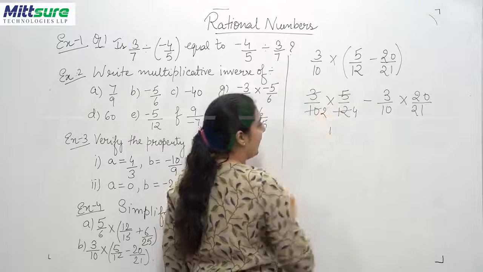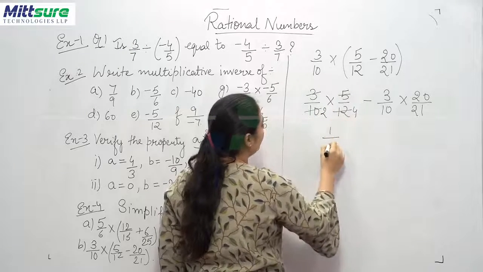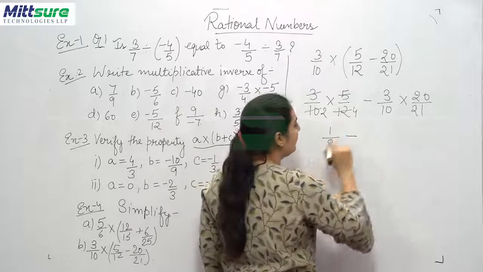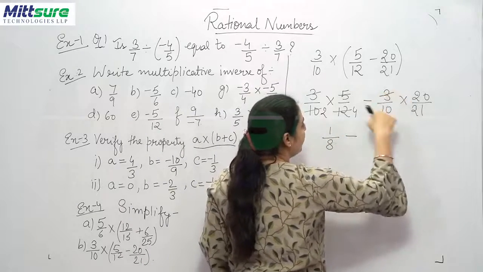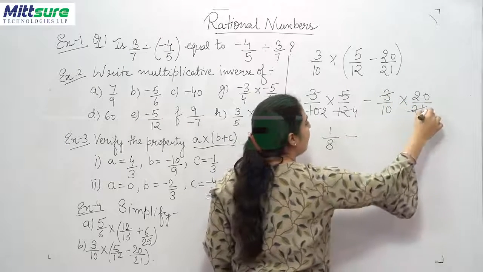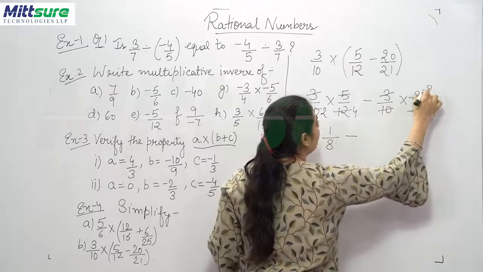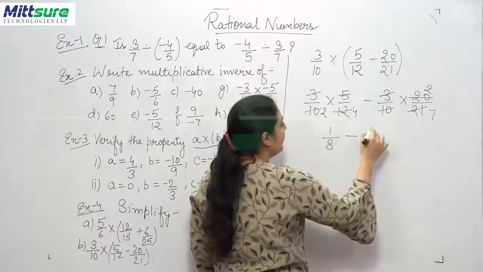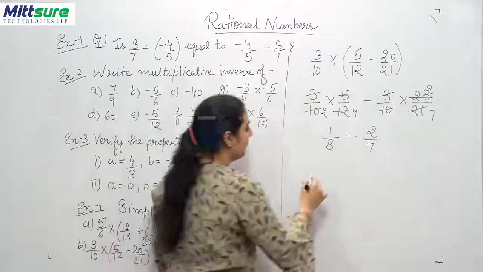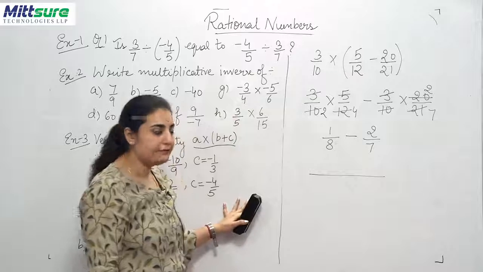So in the numerator I am left with 1, and in the denominator 2 multiplied by 4 will give you 8. Clear? After this, the negative sign will come. From here, 3 will cut 21 7 times and 10 will cut 20 2 times. So what am I left with? 2 upon 7. Now I will solve this by taking the LCM. The LCM of 8 and 7 will be 56.